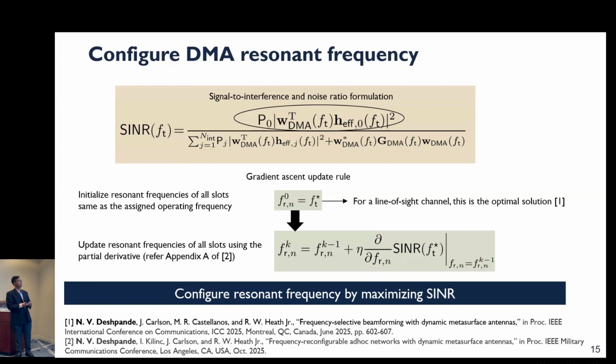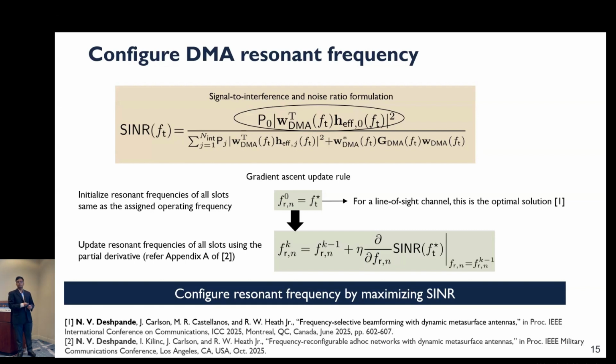Here we are dealing with a more complicated objective function where we have several interfering channels. That's why we have to use a numerical method to configure the resonant frequency. So we adopt this gradient ascent update rule where we iterate over different iterations to update the resonant frequency based on the partial derivative of the SINR with respect to the resonant frequency. Once we configure both operating frequency and resonant frequency, we have the optimal SINR for each TX-RX pair.